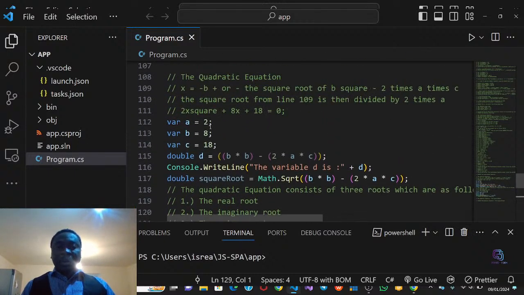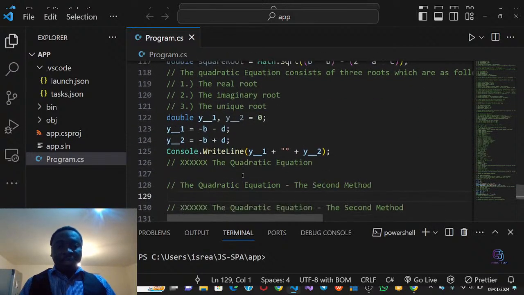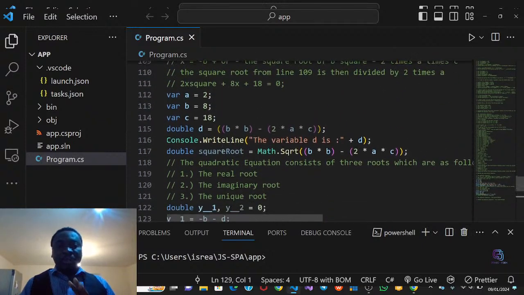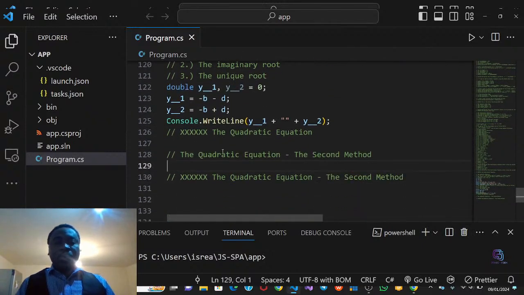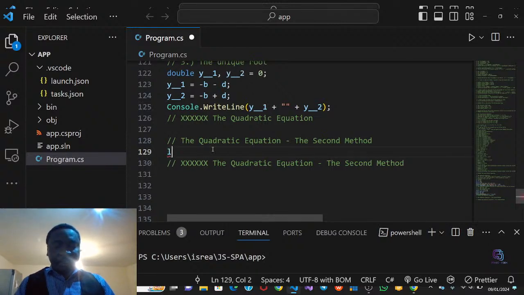This same quadratic equation, using this formula, we want to solve a problem. We want to get the three variables A, B, C. Instead of using variables, I can make use of what they call let.